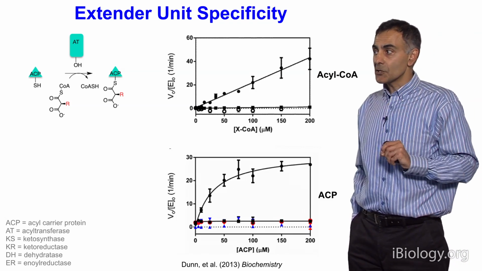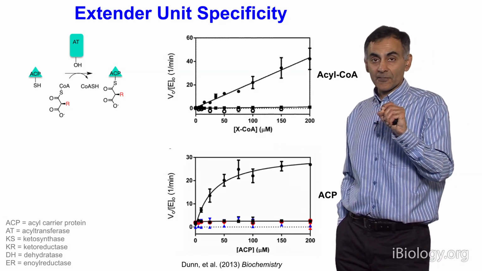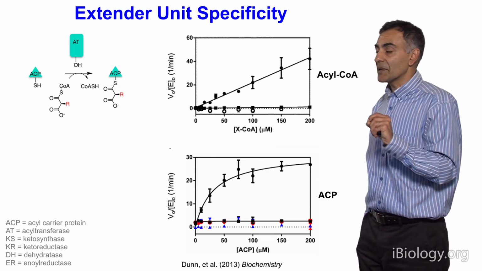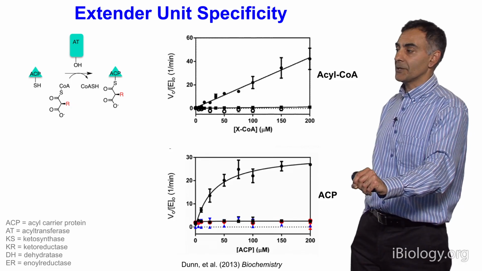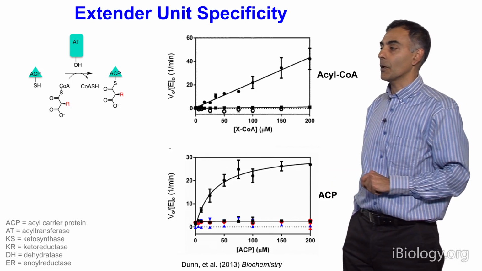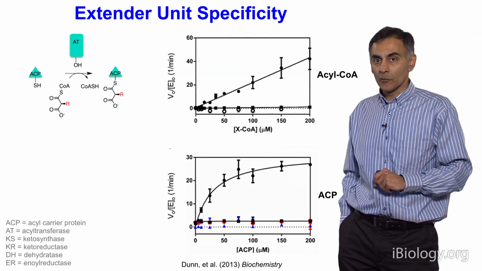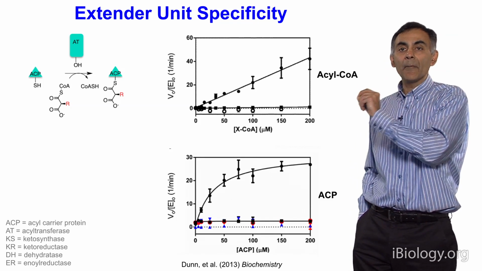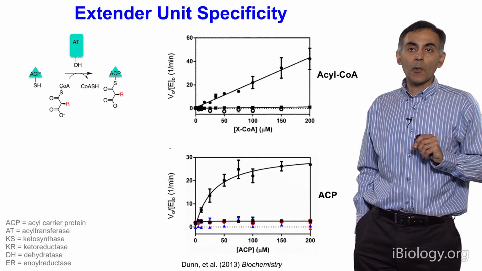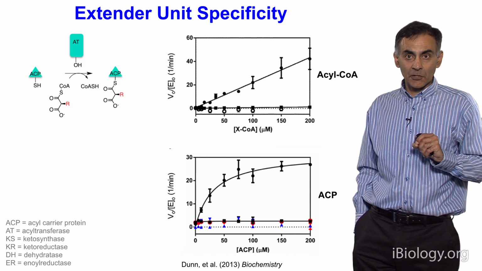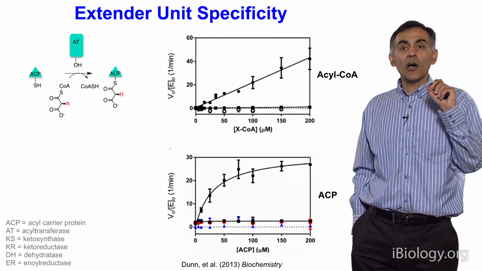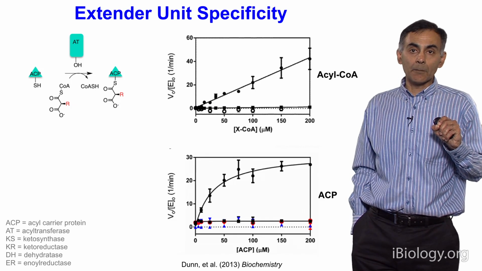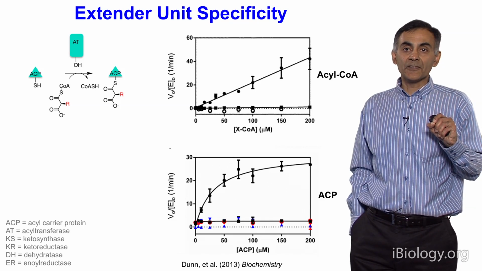Now, in addition to being specific for its cognate substrate, this enzyme is also specific for its protein partner, which is the acyl carrier protein that is being used. And here I'm introducing you to a concept that is going to come back in a more significant way in the last of my 3 lectures, which is the importance of protein-protein interactions in the assembly line biochemistry of these systems.